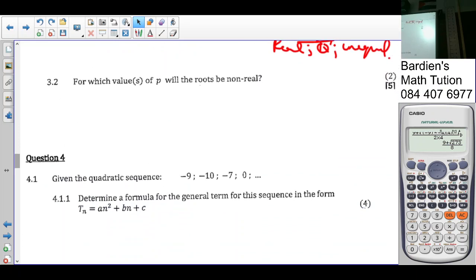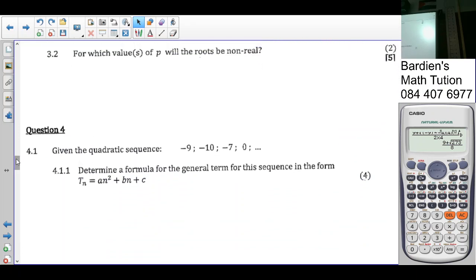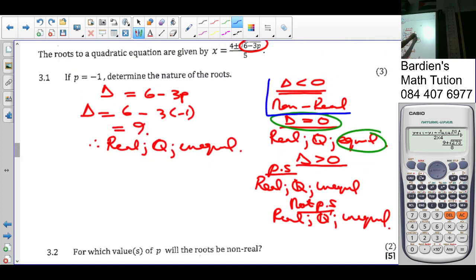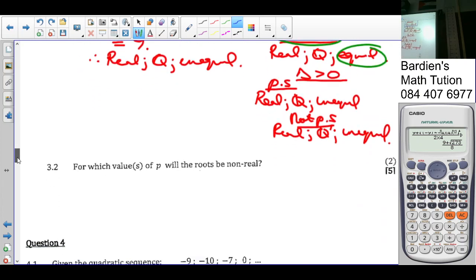Let's look at 3.2. For which value or values of p will the roots be non-real? When are roots non-real again? Roots will be non-real if delta is less than 0. Again, what is delta? 6 minus 3p.